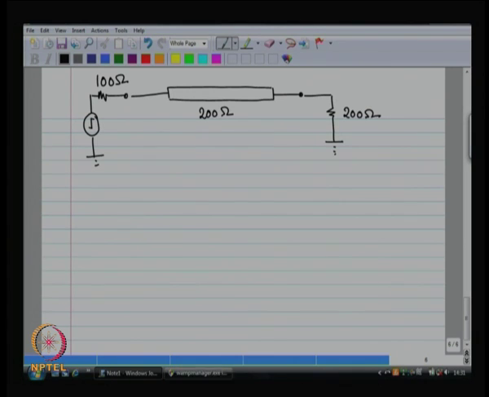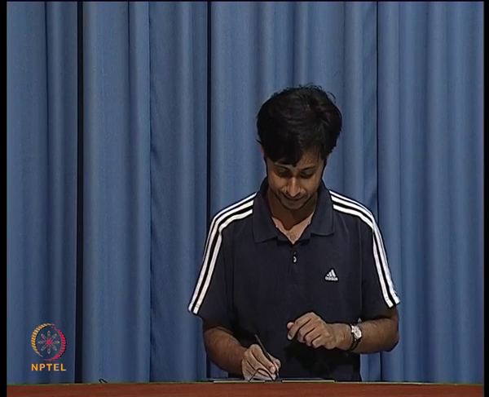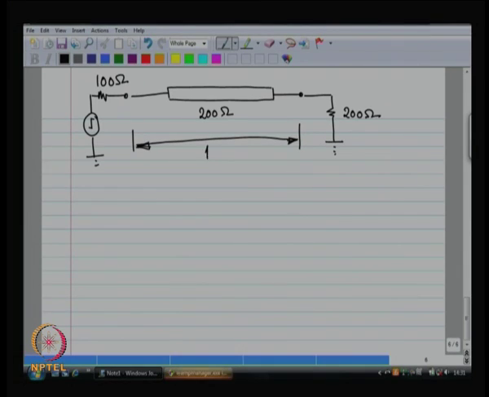So, this is how it is, and let us say the distance that the wave has to travel, the wave travels at the speed of light, can be covered in a time capital T, 1 second.